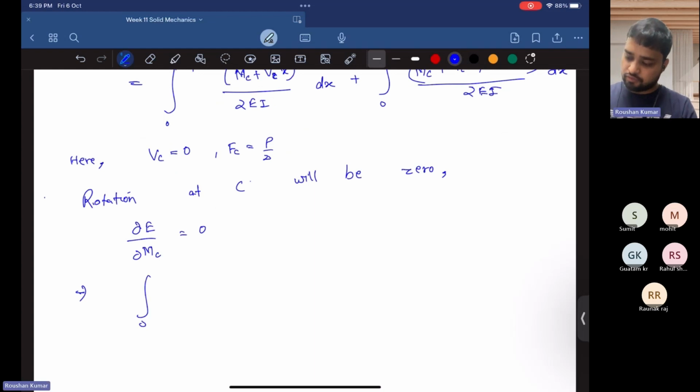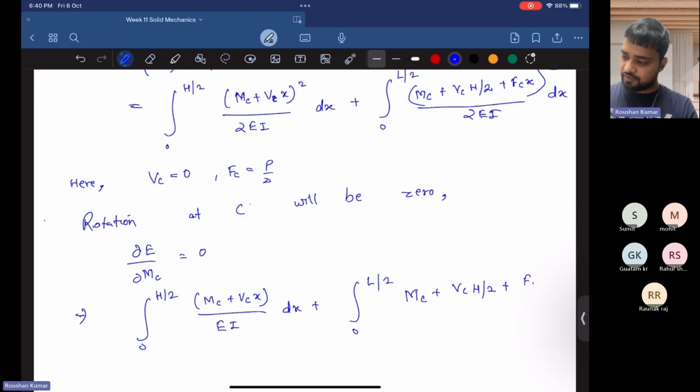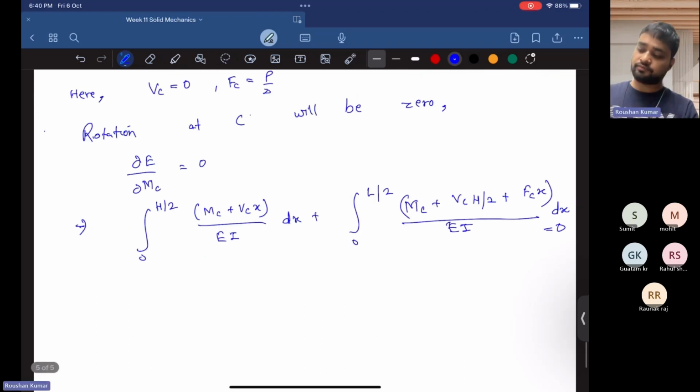So that means the integral over 0 to h by 2 of (Mc + Vc into x) upon EI dx, plus the integral over 0 to L by 2 of (Mc + Vc into h by 2 + Fc into x) upon EI into dx, equals 0.